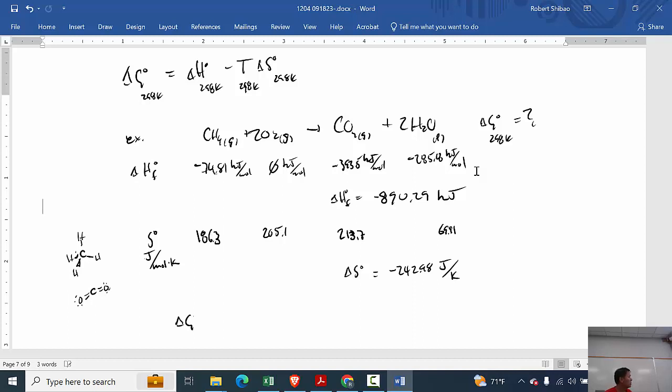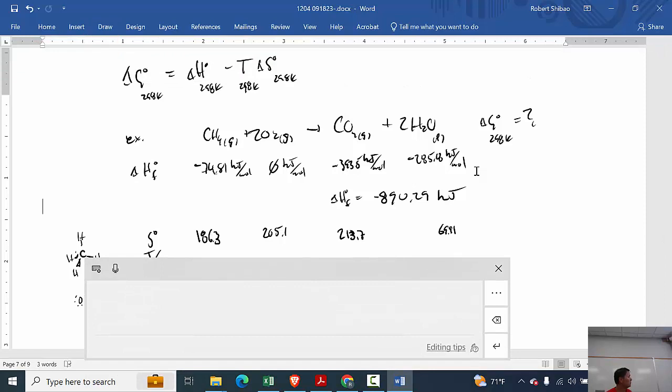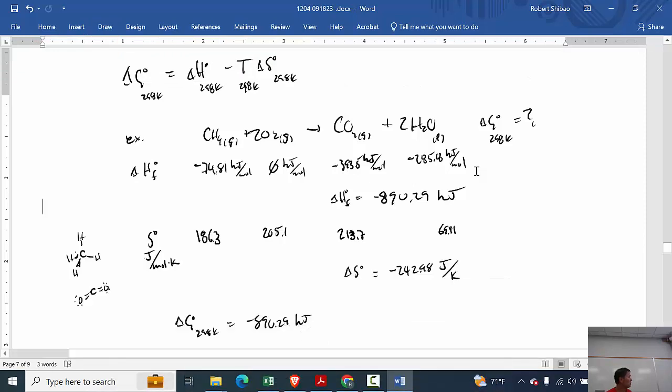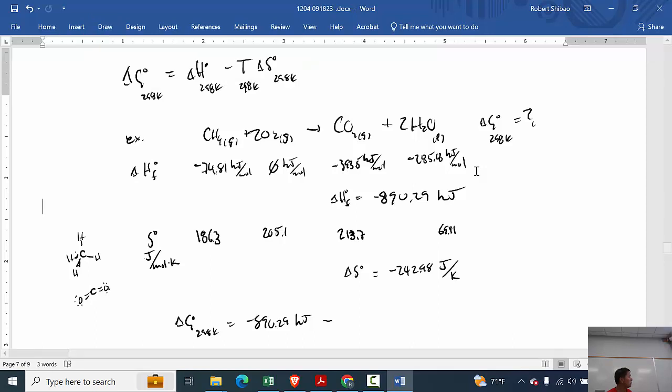And so we can calculate our delta G naught at 298 Kelvin now. That's going to be our delta H, which was minus 890.29. Now, sig figs wise, I should have been keeping better track of this, but it's all right. Units here are just kilojoules. Okay, minus T delta S. So this is going to be minus T, which is 298 Kelvin, times delta S. Now delta S, I'm just going to convert this to kilojoules.